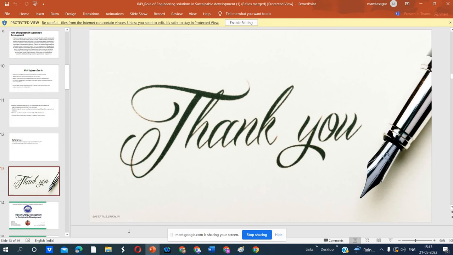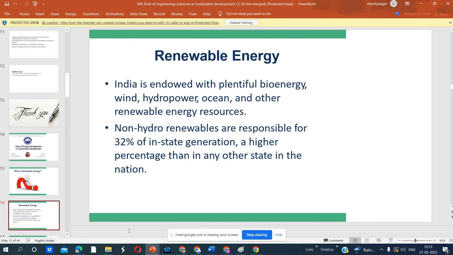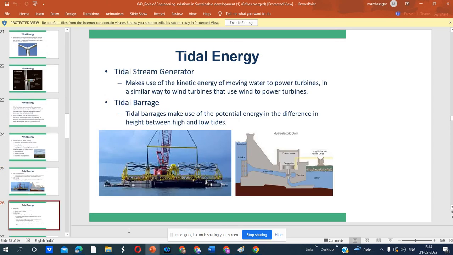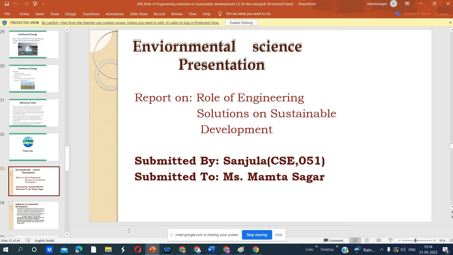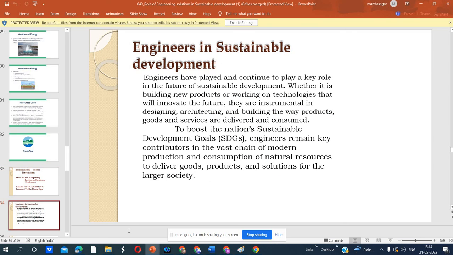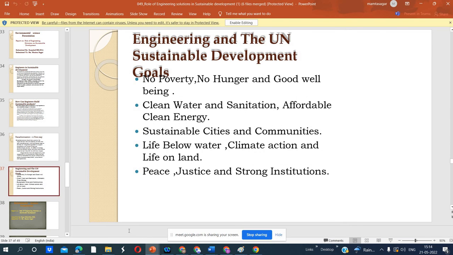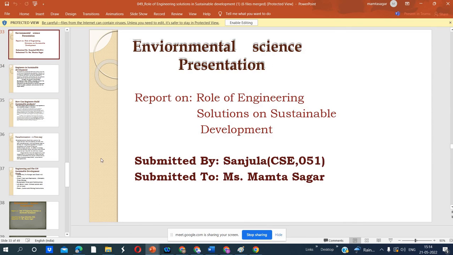Then Sarthak. Okay, this is the same file, I think. This is repetitive.